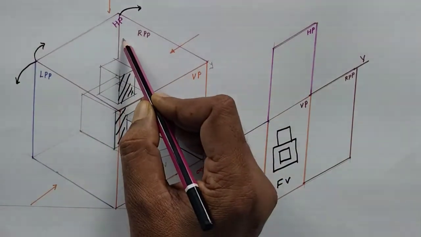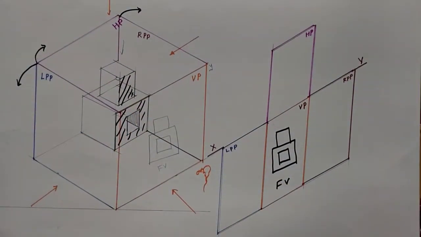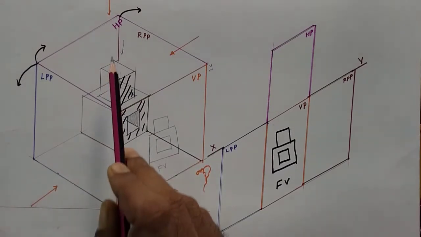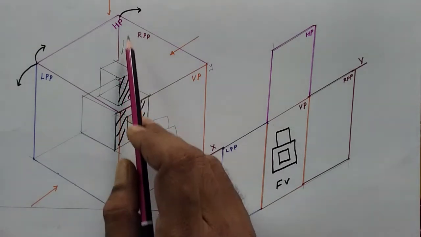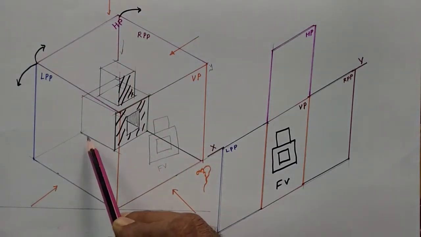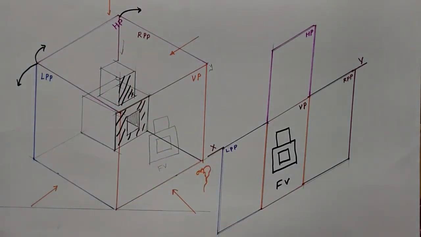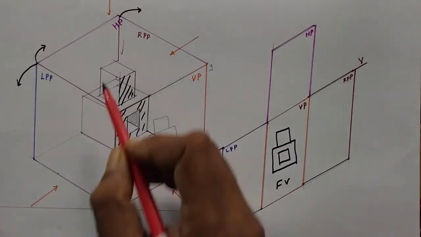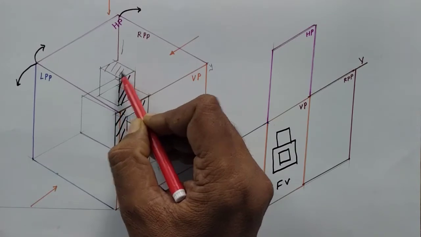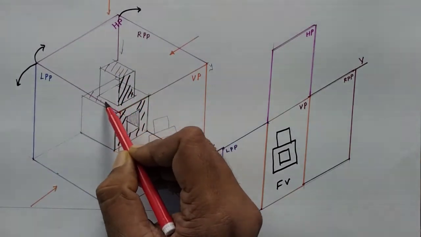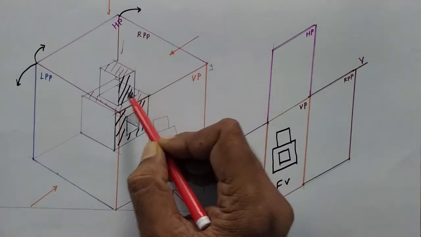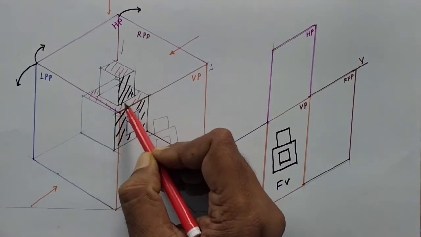Now the top view of the object. When you observe the object from the top view orientation, you can see this surface as well as this horizontal surface which is parallel to the ground.